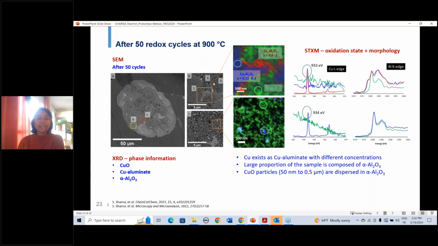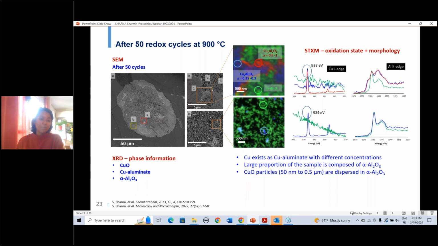Then we have area number 3, which is composed of large porosity, macroporosity, and it's mainly composed of alpha alumina. That's something that we get from the signature of aluminum K-edge. Within this alumina, we see copper in the form of oxide, and here it's copper(II) oxide and not copper aluminate.